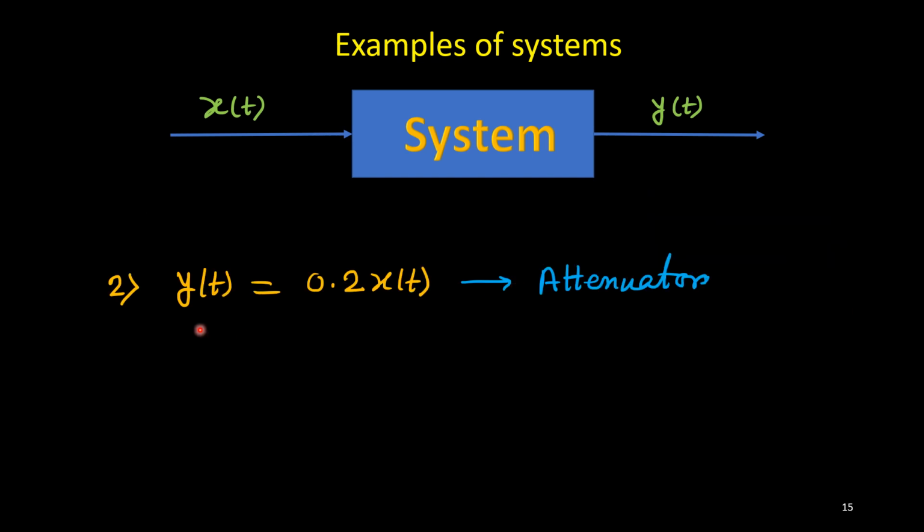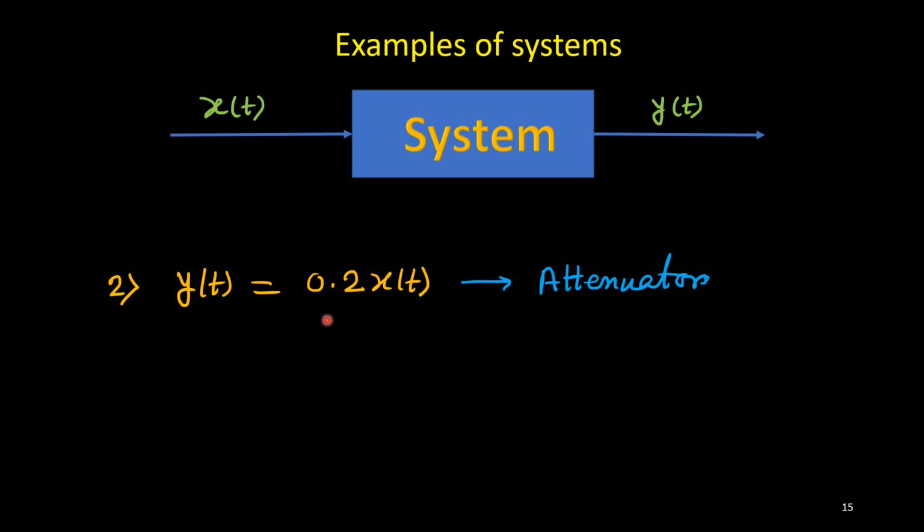Second one, y of t equals 0.2 times x of t. Very similar, the only difference is that here the factor is 0.2. If the factor that is multiplied with x of t is less than 1, then we will call it attenuation. It means if we want to reduce the strength of the input signal, then we will multiply with a coefficient whose value is less than 1.